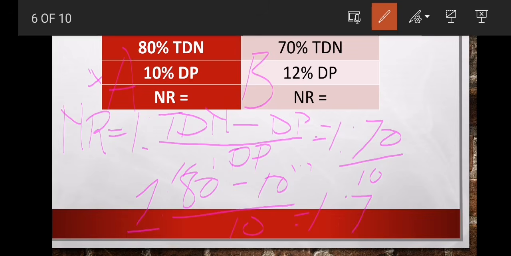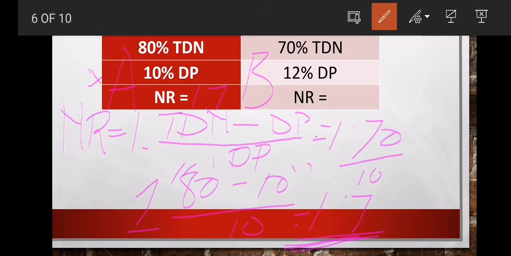It means the NR of feed A is 1 is to 7. We started by choosing the formula, we substituted, we simplified, then we punched our calculator and came up with 1 is to 7. Take note of this one, we'll come back to it. So we can conclude that the correct ratio is 1 is to 7.